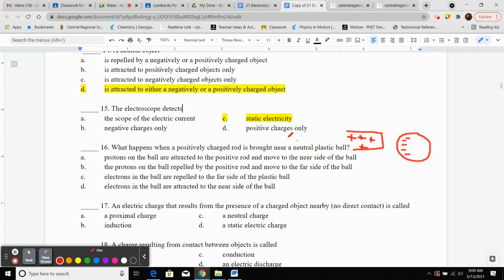Now, because of that, what is the best option here? Protons are attracted? Absolutely not. The protons are repelled? No, the protons are not going to be the ones that move. So electrons, are they repelled to the far side? No, but they are going to be attracted to the near side. That would be the one that you'd want.